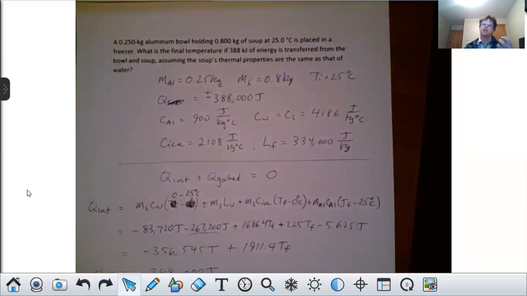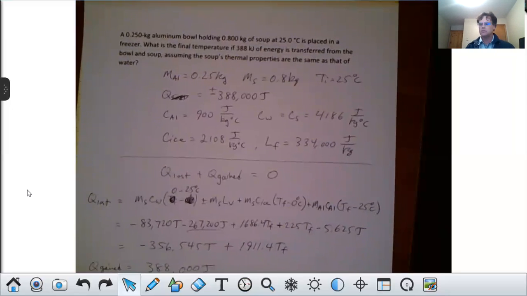So again, what's happening here is we're taking heat energy stored in the soup and the bowl, and it's transferring to the freezer. So the bowl and the soup, their temperature will drop, the freezer will generally increase. Now, in a real freezer, that heat is added to the outside, so we keep a constant temperature.